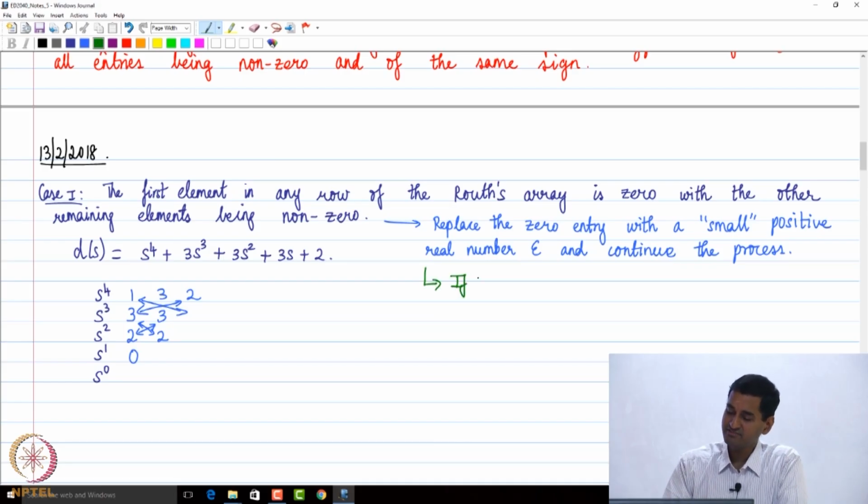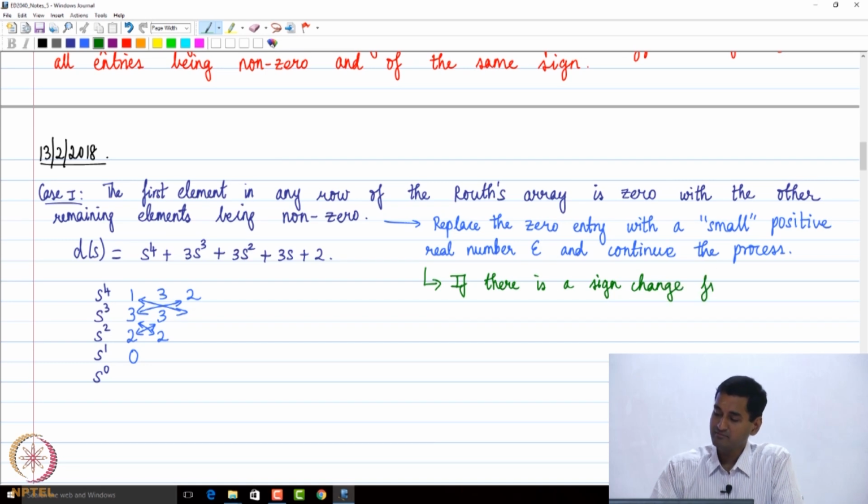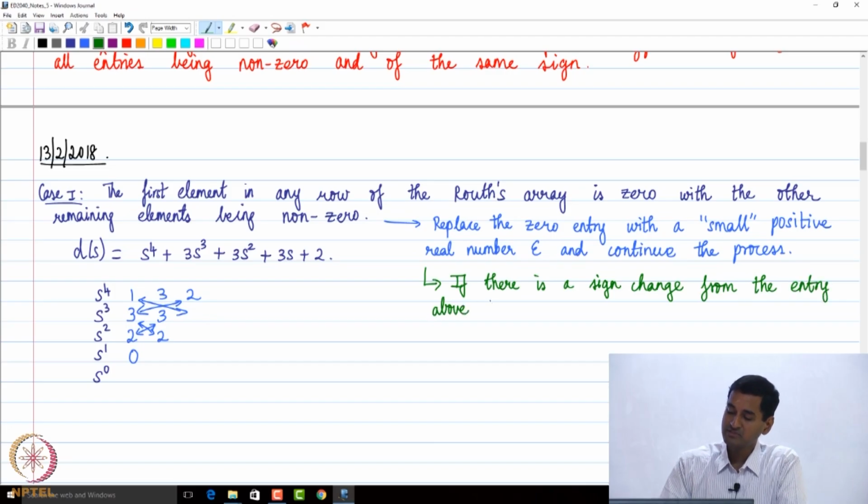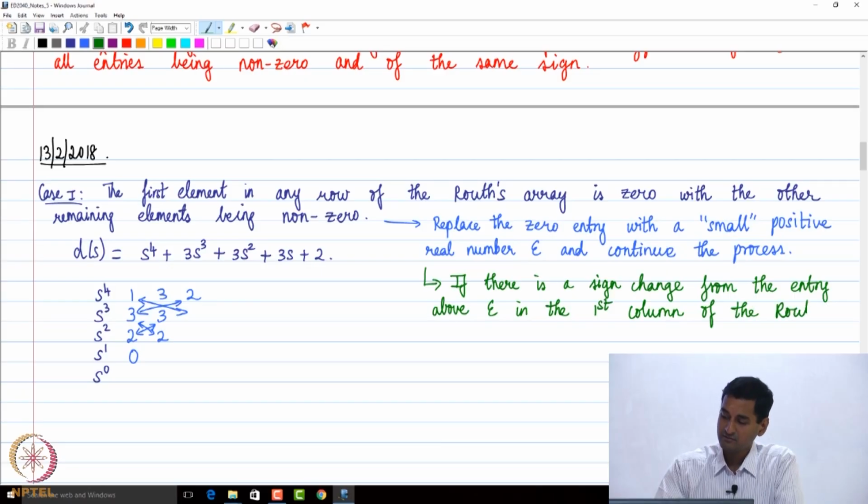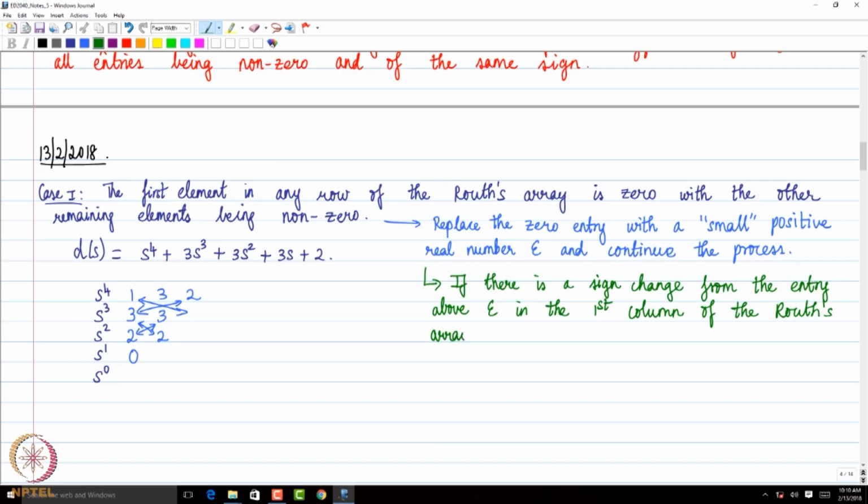Once you continue this process, if there is a sign change from the entry above epsilon in the first column of the Routh's array to the entry below epsilon, then there are roots in the RHP.